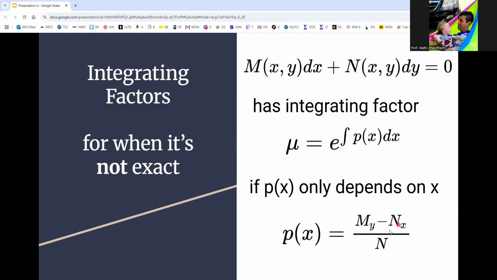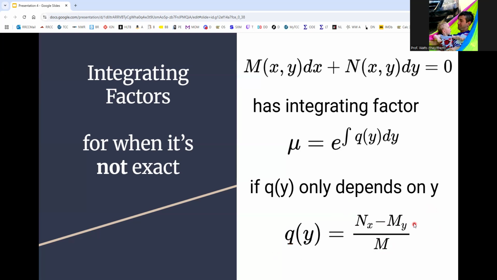But if it's non-zero, then those aren't equal, and we simplify and check to see that this is only a function of x. If it's not, the next step would be to check a similar difference quotient where we subtract the same partial derivatives the other way, but divide by m rather than n. This is q.